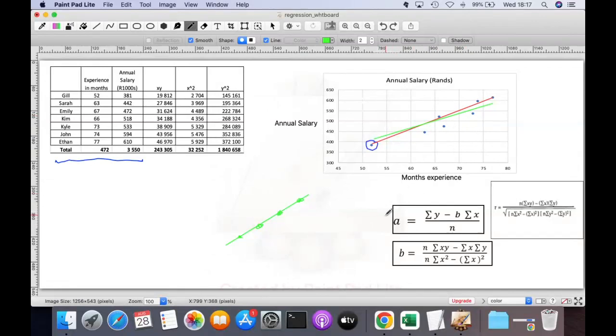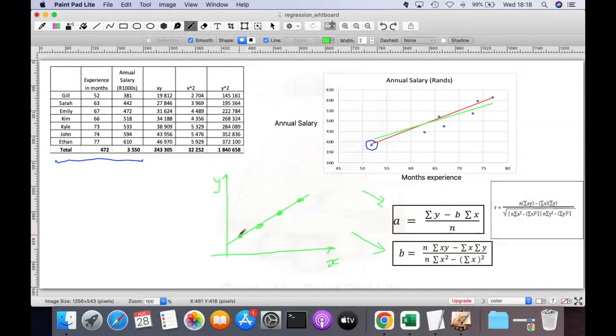Now, how we determine that best fit line is by using these two equations here, 1 and 2. What characterizes a line? There are basically two characteristics that make a line different from one another: the slope and the intercept. Here's your horizontal axis, this is your x, this is your y.